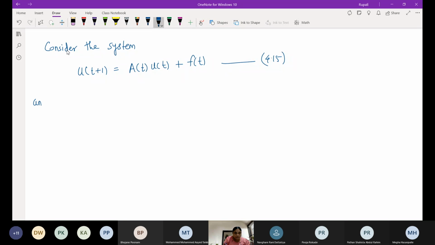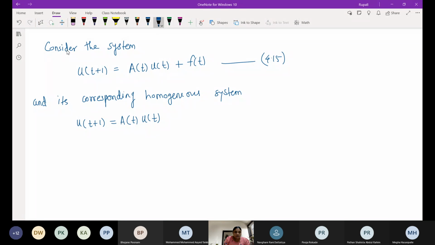And its corresponding homogeneous system, what will it be? u at t plus 1 is equal to A of t u of t. Already we have solved examples based on this, u at t plus 1 is equal to A u of t, like that.